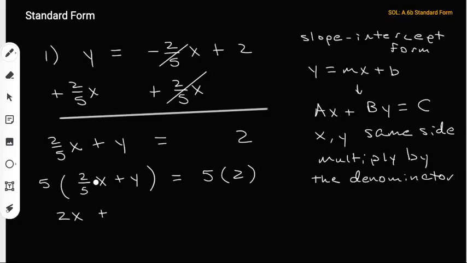Now I'm multiplying 5 by the y, and I get 5y. Over here on the right side, I have 5 times 2, and that's going to give me 10. So now I have my standard form, ax plus by equals c. Okay, so that's number 1.